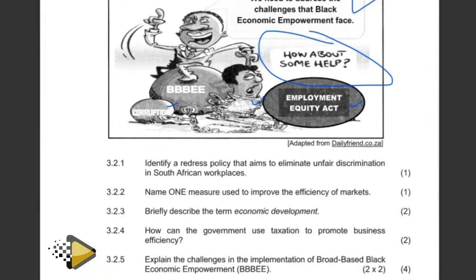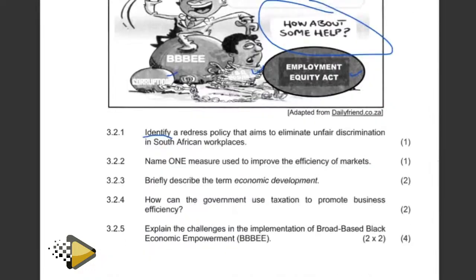Okay, right. So now checking the question in line with 3.2.1, it reads as follows: Identify the redress policy that aims to eliminate unfair discrimination in the South African workplace.